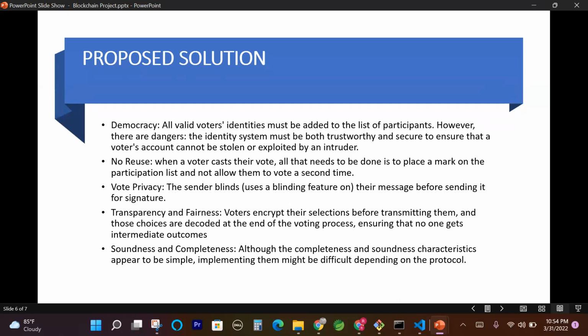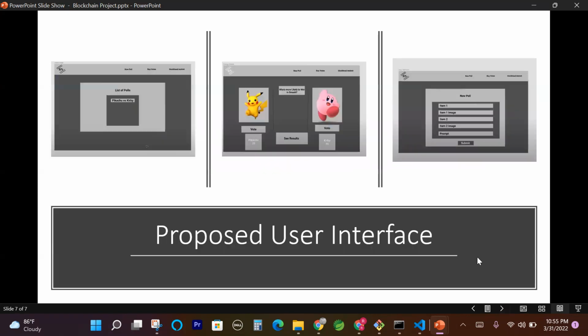For transparency and fairness, voters encrypt their selection before transmitting, and those choices are decoded at the end of the voting process, ensuring that no one gets intermediate outcomes. As for soundness and completeness, though it sounds easy to implement, going through all this process might be difficult for us because of the protocol.